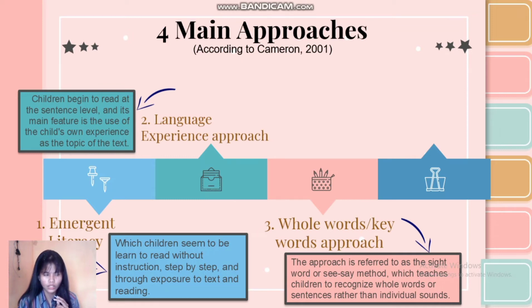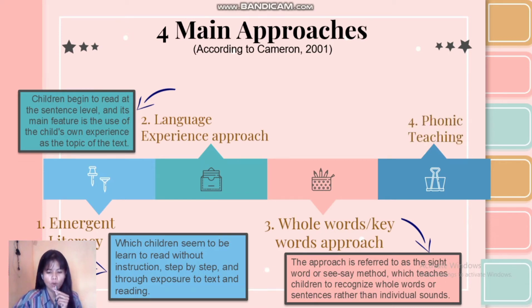So in the whole word approach, the young learner learns words such as cat, dog, and sheep as whole and independent words. And usually the learner is accompanied by a picture and word. So once again, young learners love to learn if the teacher provides pictures also.